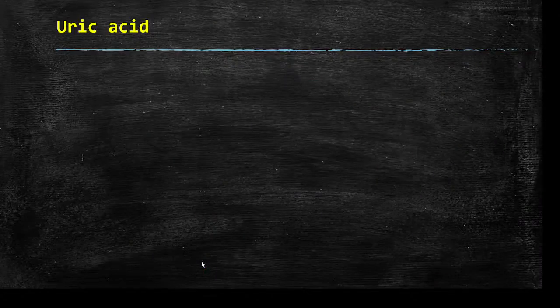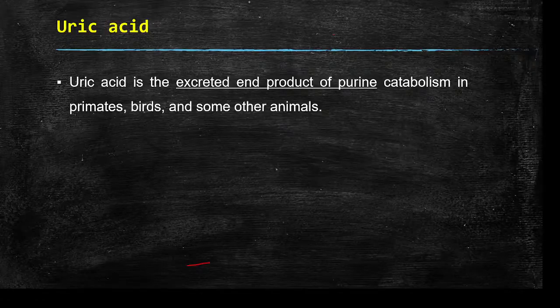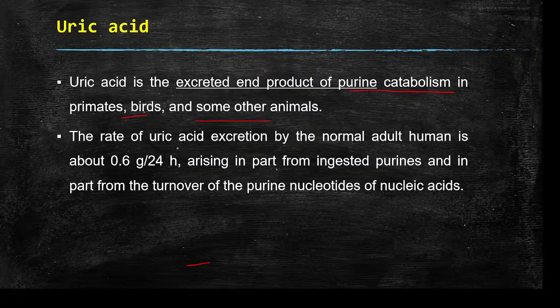Okay. So what is the physiological importance of uric acid? So that we will see. Uric acid is the excreted end product of purine catabolism, that is breakdown of purine nucleotides in primates, birds and some other animals. Okay. So the rate of uric acid excretion by the normal adult human is around 0.6 grams per day, that is per 24 hours.